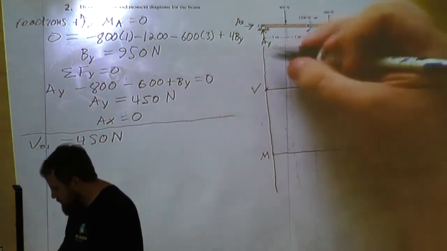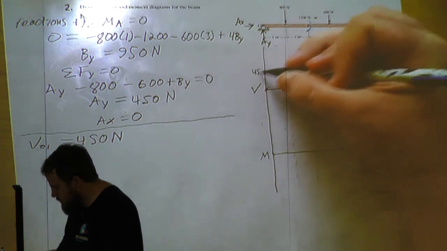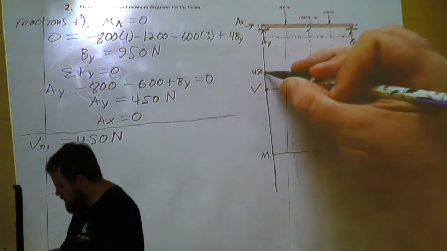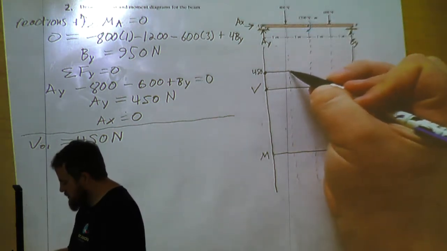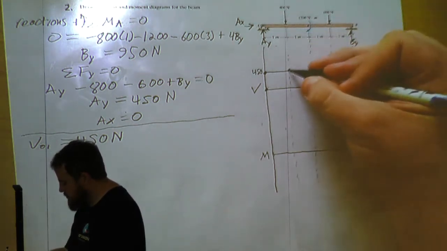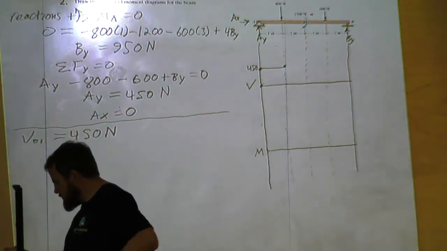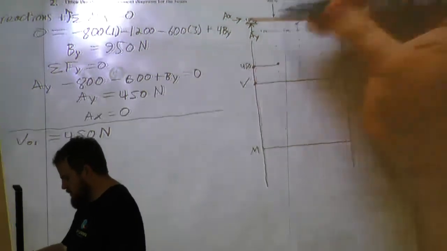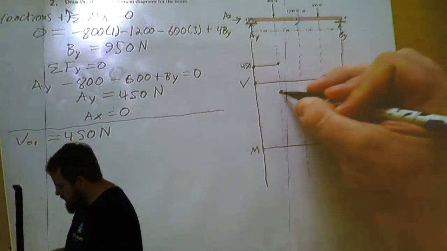We jump up to 450. And then we have no shear acting on it till this point. Then it's going to be 450 minus 800. So that's going to get us to negative 350.